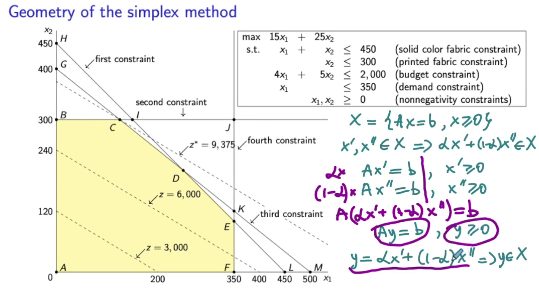And as a result, we can see that the convex combination of x' and x2' also belongs to the set X, and this is shown for an arbitrary pair of points from X. Therefore, this proves that the set X defined by the constraints of a linear program is a convex set.